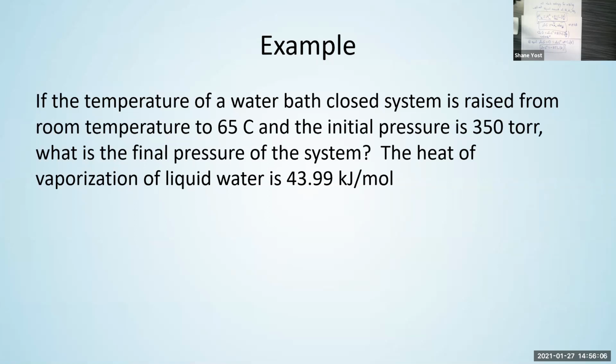I increase the temperature to 65 degrees Celsius, and I want to know the final vapor pressure inside this closed container, given that the heat of vaporization of water is 43.99 kilojoules per mole.